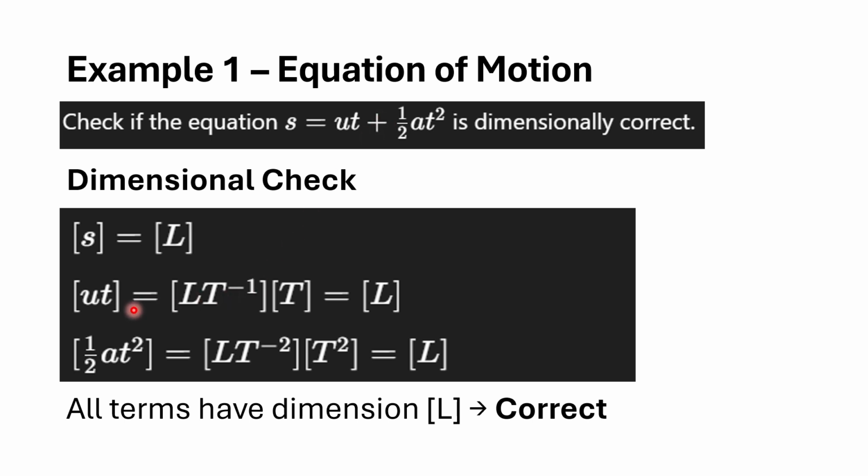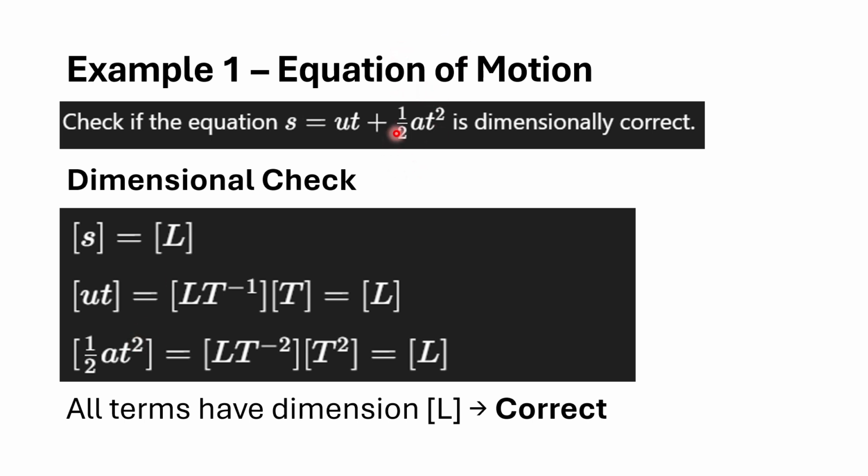We have ut. u is velocity, and velocity is distance divided by time, so time moves upward with power minus 1. So LT raised to the power minus 1 is u, and the other one is t. These two t cancel out, and we are left with only L. So yes, it's correct.